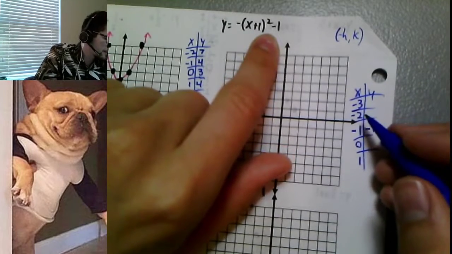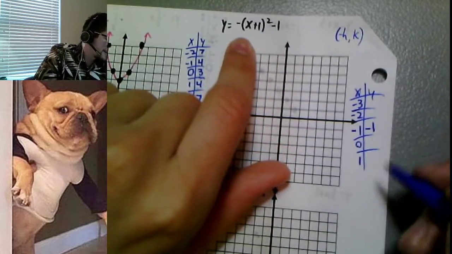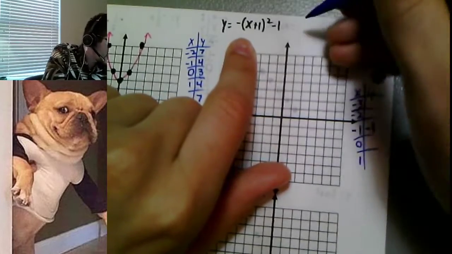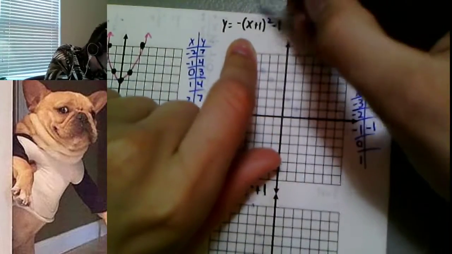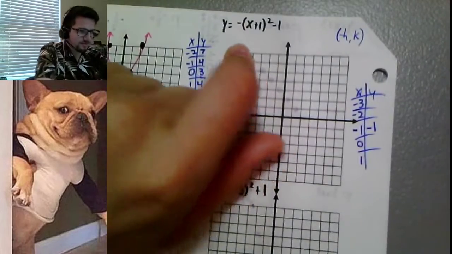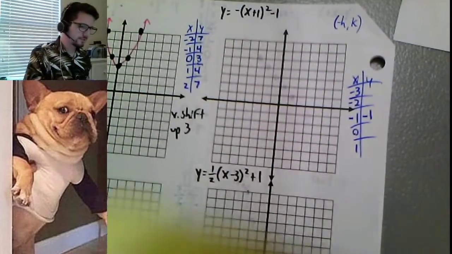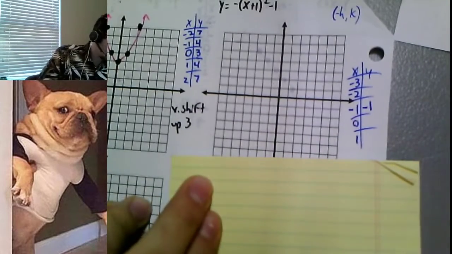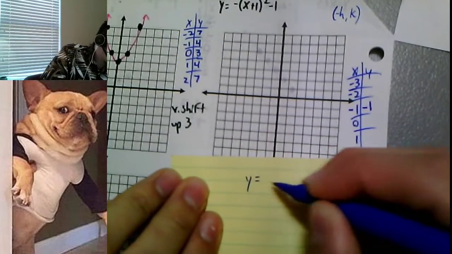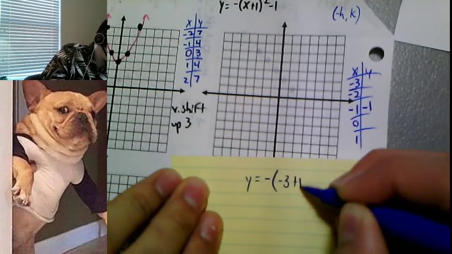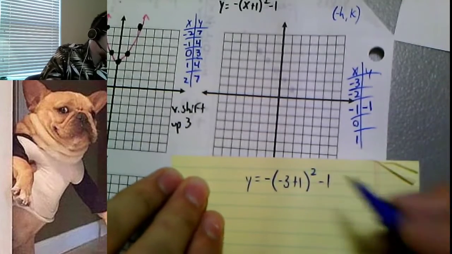Now I plug in my numbers, as annoying as this will be. I'm going to do this on a separate piece of paper because I don't have enough room. Okay, so I have y equals negative quantity of negative 3 plus 1 squared minus 1.